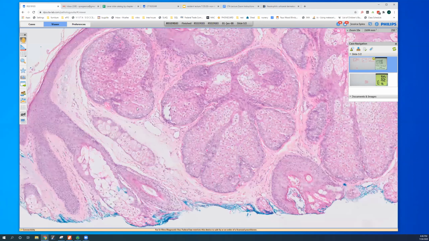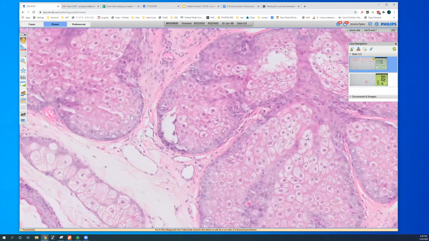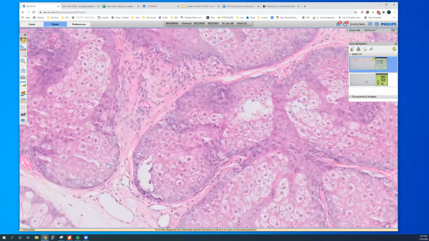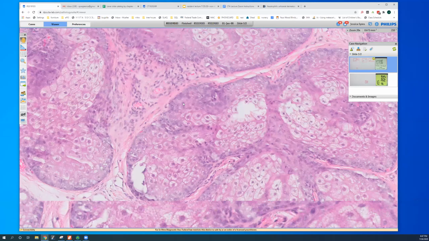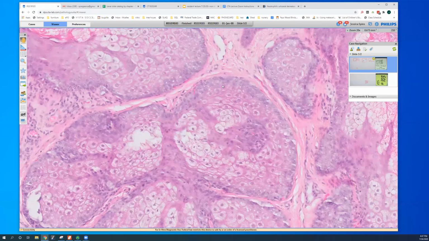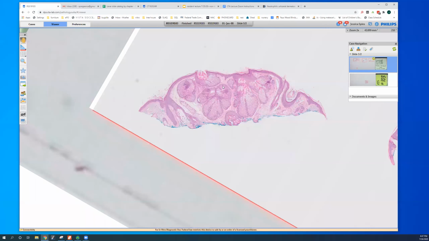In sebaceous adenoma, you'll have basaloid cells on the outside, which are sebocytes on the inside. And you're supposed to have transitional cells in between, which are maybe these guys that are kind of half sebaceous, half basaloid. I think you kind of have to use your imagination for that.